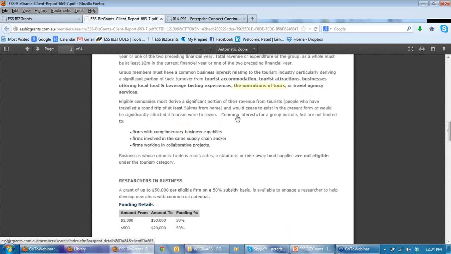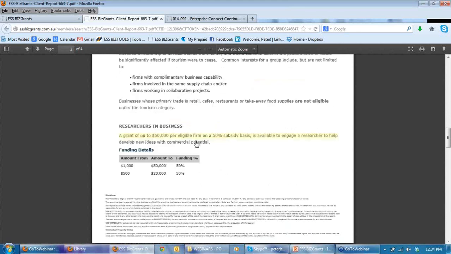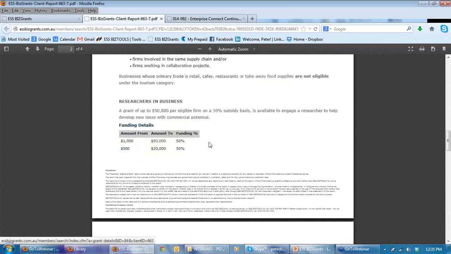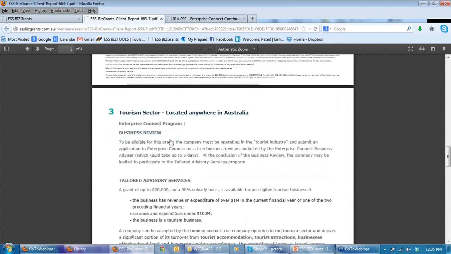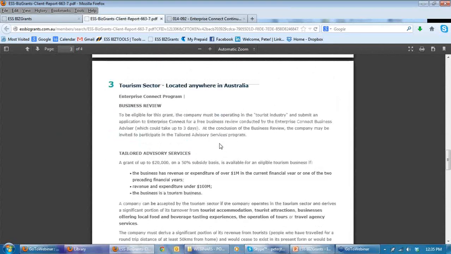The business could also have applied for researchers in business, which is up to $50,000 on a 12-month basis to apply against the costs of employing a graduate to help the business. Then we've got the tourism sector that the business could have applied for in its own right because its turnover was over $1 million.